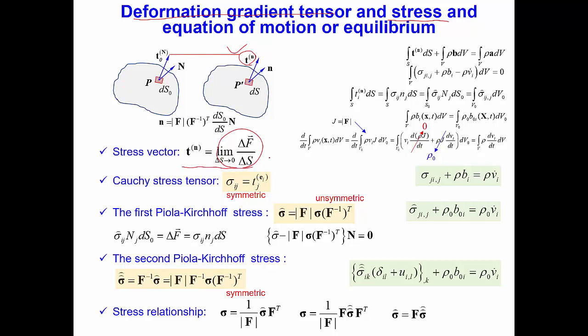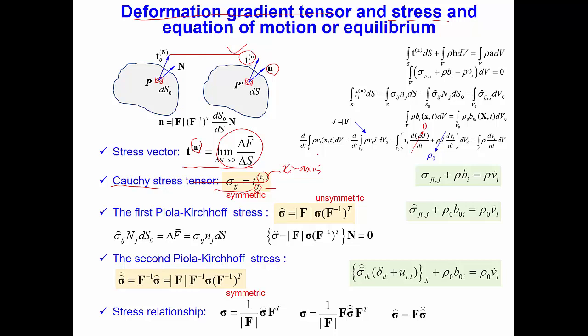The stress vector is defined at a point, and its value is dependent on the direction specified by the unit vector n. Cauchy stress is defined by this equation. That is, the jth component of force per unit area exerting on a plane normal to a unit vector, e_i or the x_i axis.